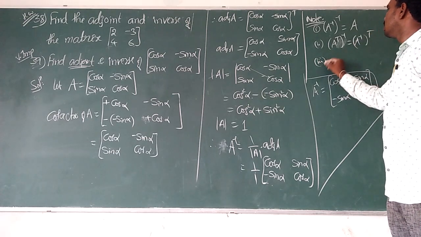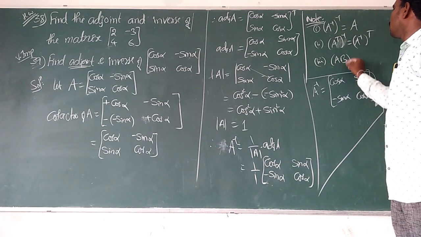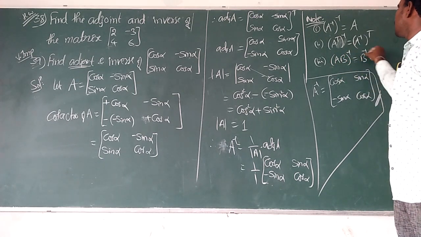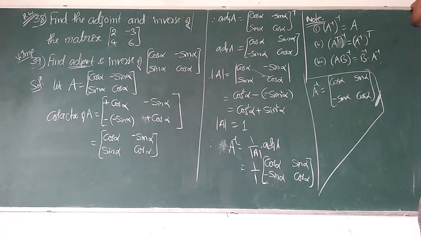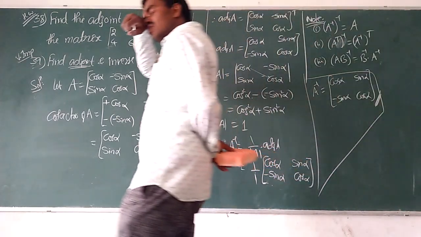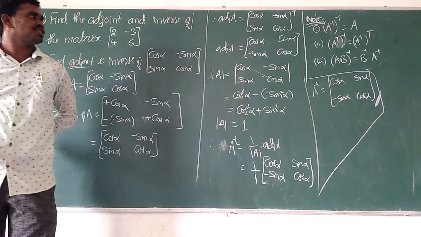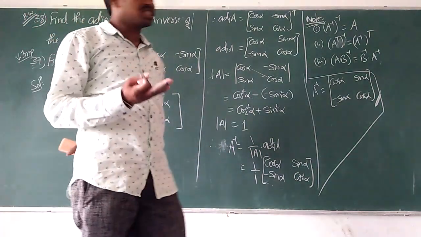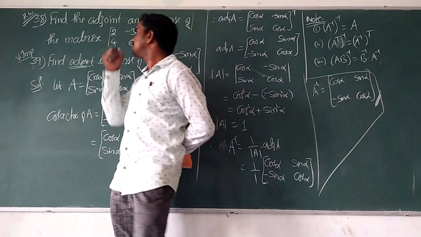Third, A into B whole inverse equals B inverse into A inverse. These are a few rules. These are the 2 marks questions, along with concepts: what is determinant, what is a singular matrix, what is a non-singular matrix, what is an adjoint matrix.